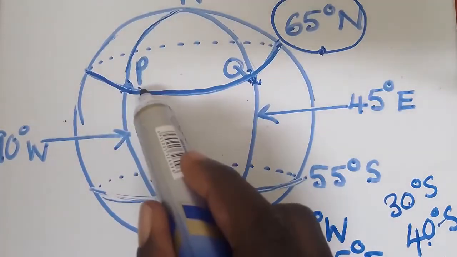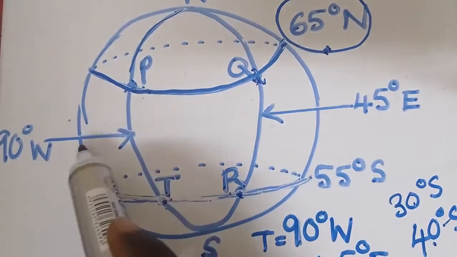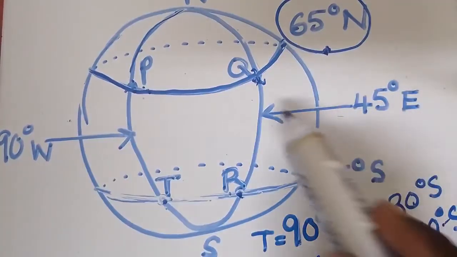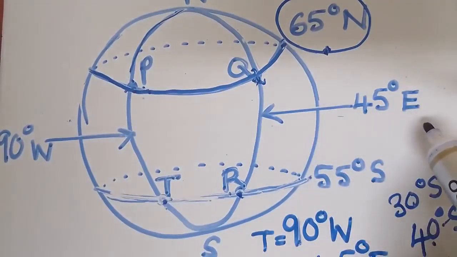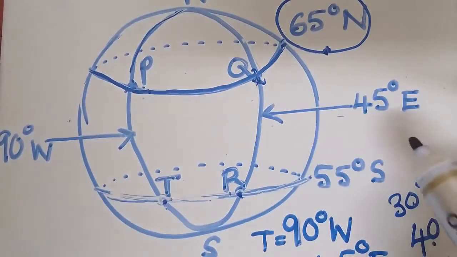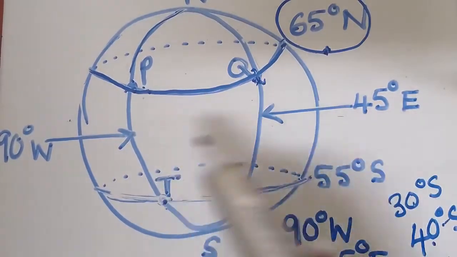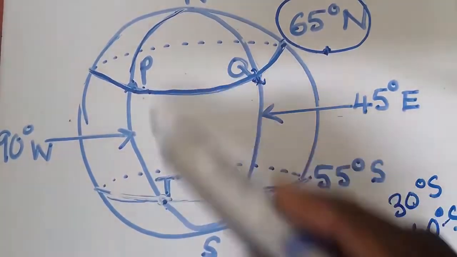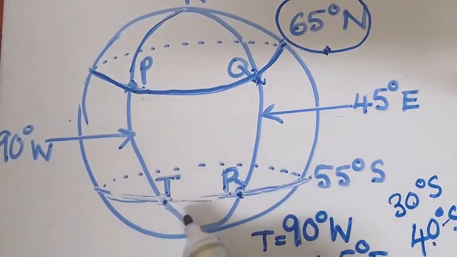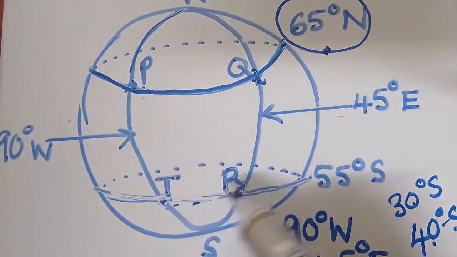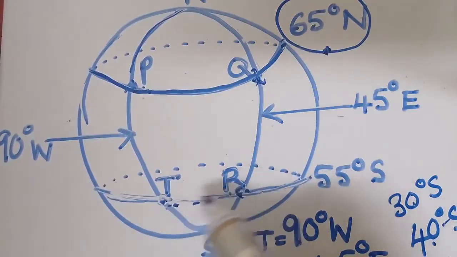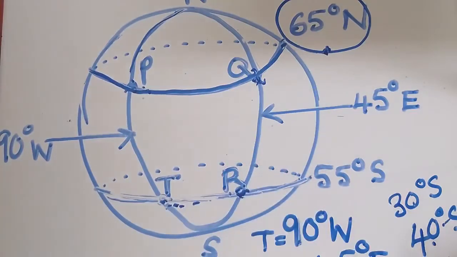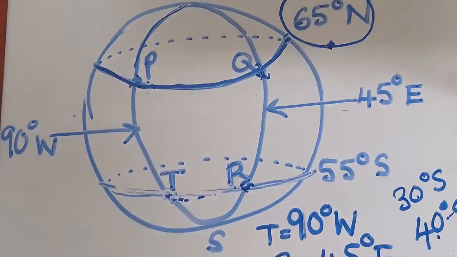This one is 90 degrees west and the other is 45 degrees east. Since they are on the same longitude, they have the same difference. The answer between these two was 135. So how can we calculate this?